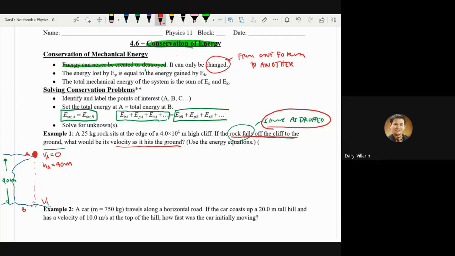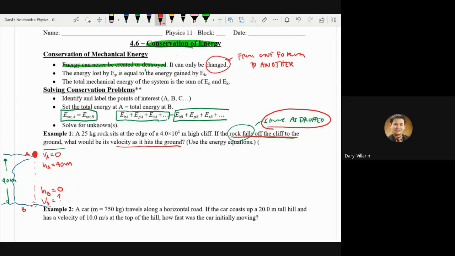So that's the question mark. And you know that the height at B is 0, because the height of A would be 40, so it must be that the height at the bottom would be 0.